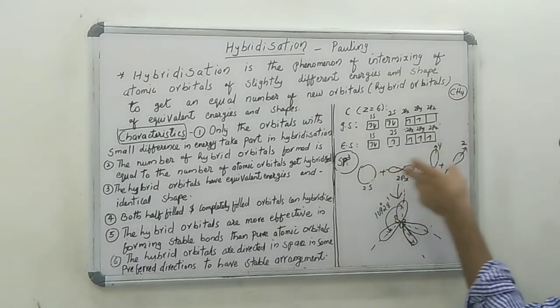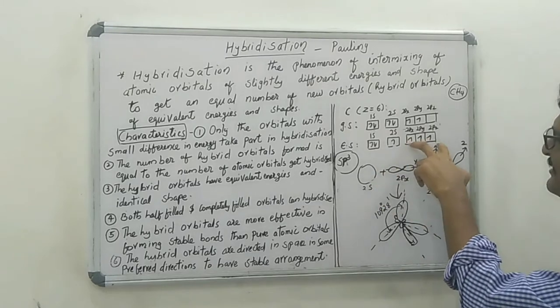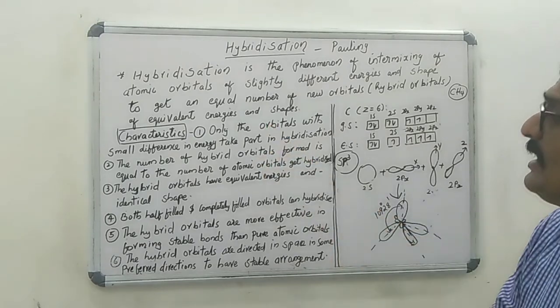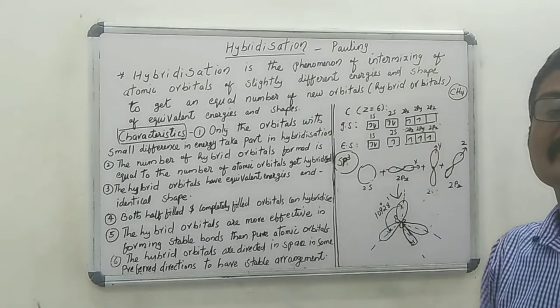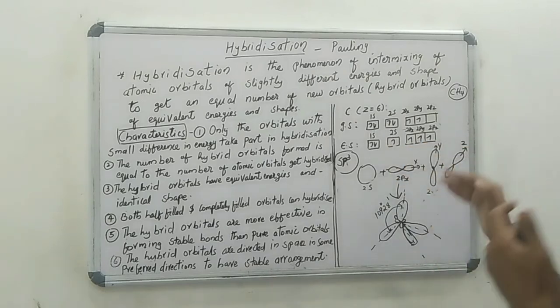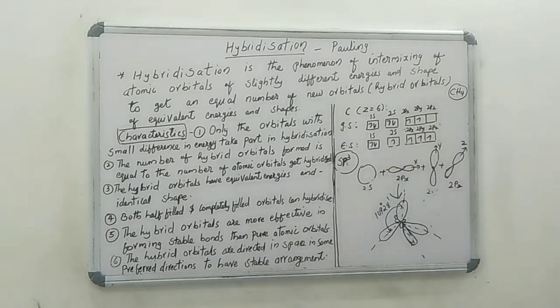The energy difference between the 2s and the three 2p orbitals is very small. That is the first characteristic: only the orbitals with small difference in energy take part in hybridization.